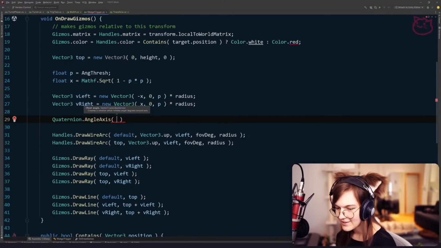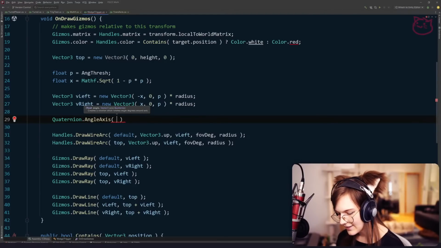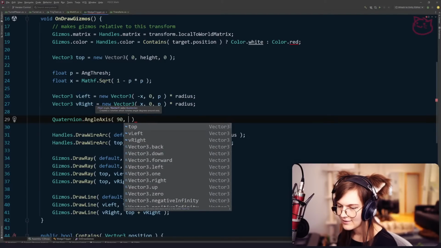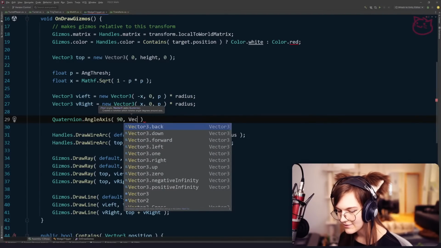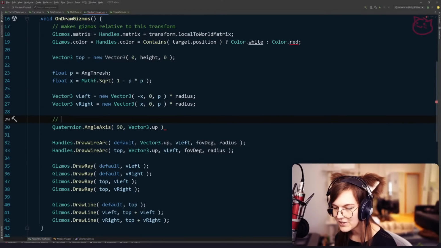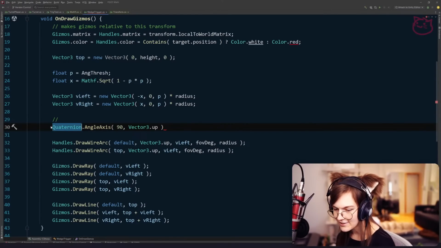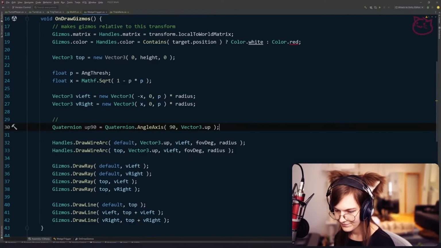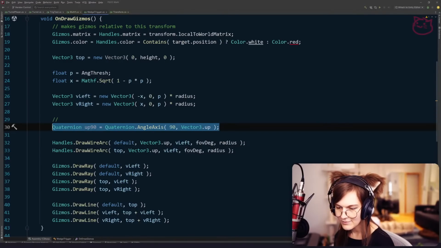So quaternion dot angle axis. This one lets you pass in an angle. So if you give it an angle of, in this case, it's in degrees. So 90 degrees, if you want a 90-degree rotation around vector 3 dot up. So this would give you a rotation as a quaternion that would be like 90 degrees around the up axis.